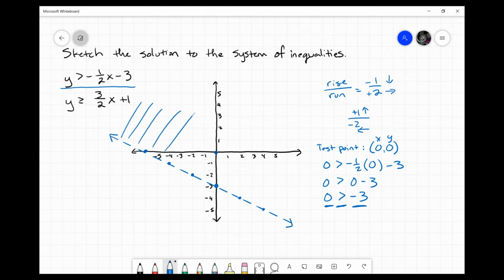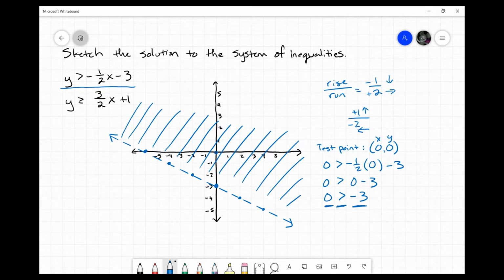So I'm going to want to shade that side where the test point is. I'm just going to do those dashed lines. The solution to this system of inequalities is where both of our inequalities' shaded areas are. So I can't stop.